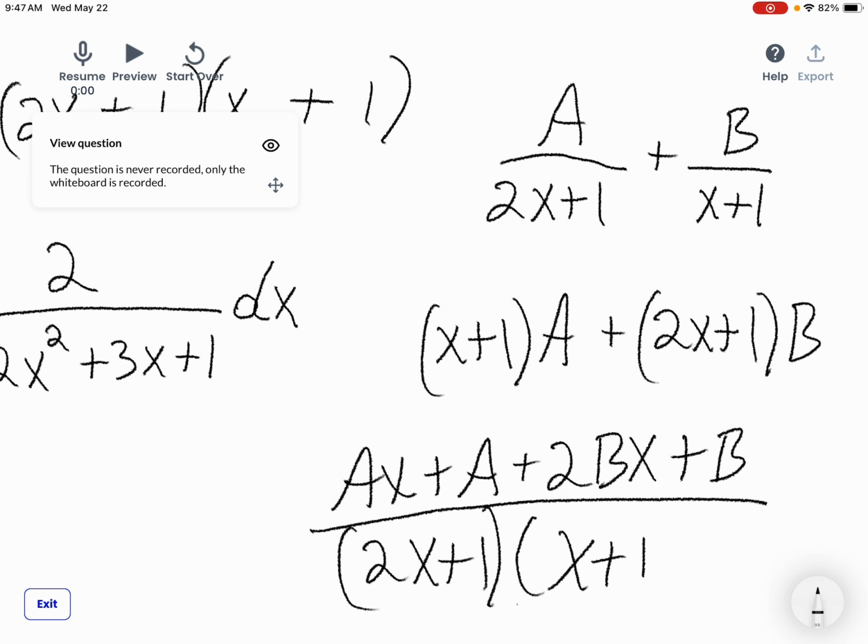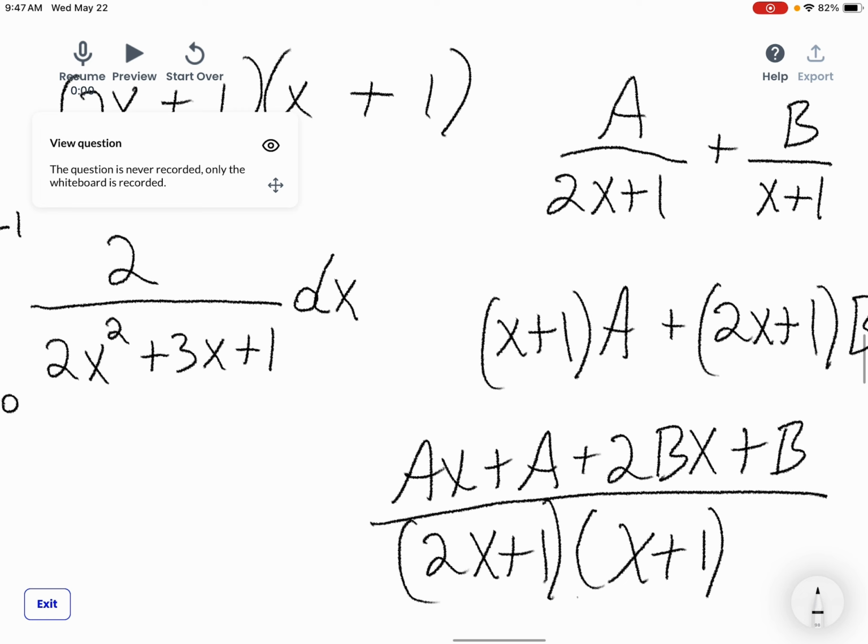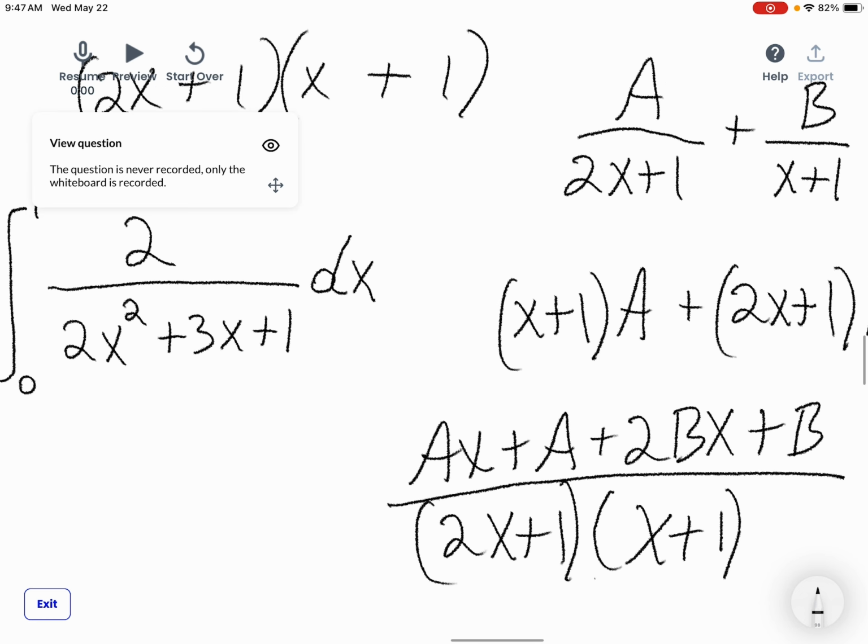But remember, this is just the same thing as we have in our integral, 2x squared plus 3x plus 1. So if the denominators are the same, the numerators have to be the same. That means ax plus a plus 2bx plus b must be equal to 2.